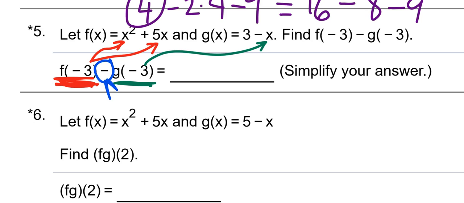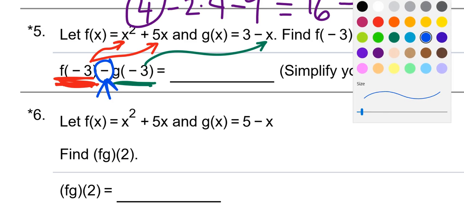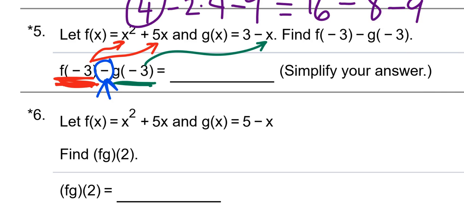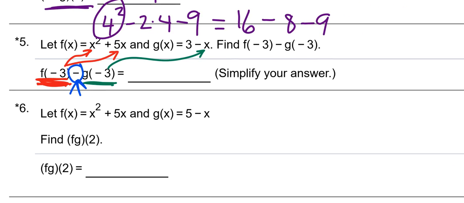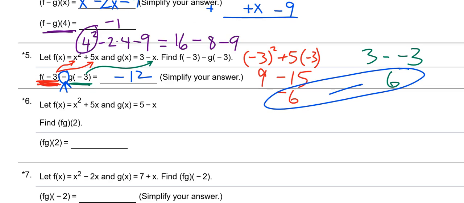Subtract. Right there it tells me to subtract them. So we figured out the red, which was negative 6, and the green, which was positive 6, and then subtracted to get negative 12.